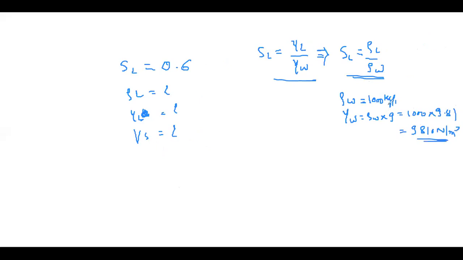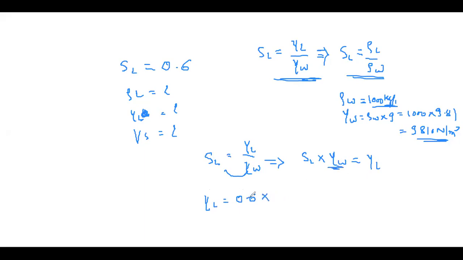So these two values must be known to you before solving this problem. Now we can write this expression as S L into gamma W is equal to gamma L. So gamma L is equal to S L, given as 0.8, multiplied by the gamma W value.